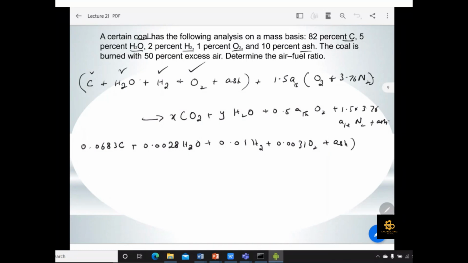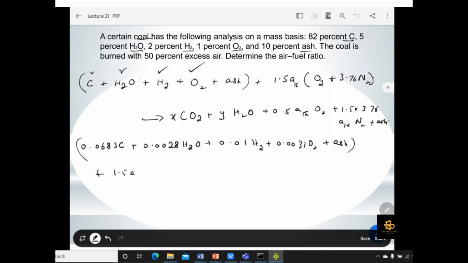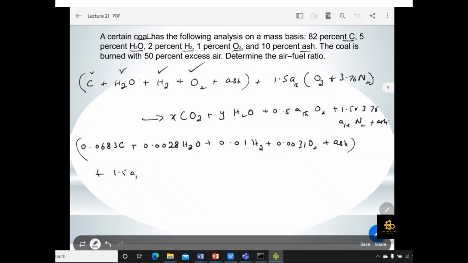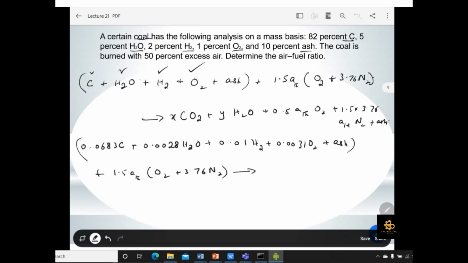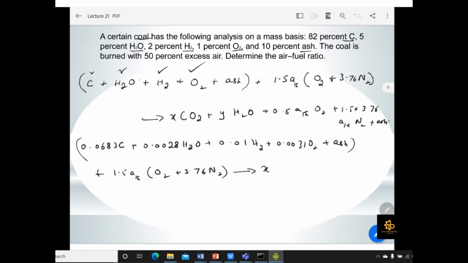So now this is our fuel, and the rest of the equation is 1.5 a_th, the theoretical stoichiometric coefficient, O2 plus 3.76 N2, and it is equal to X mole of CO2, Y mole of H2O, 0.5 a_th O2, 1.5 into 3.76 a_th N2 plus ash.